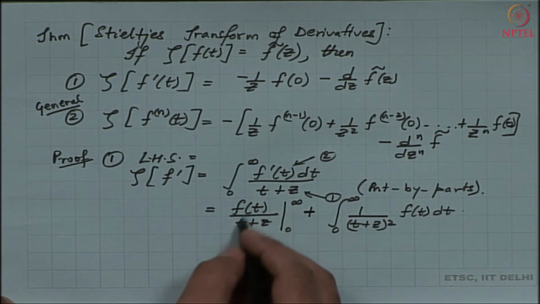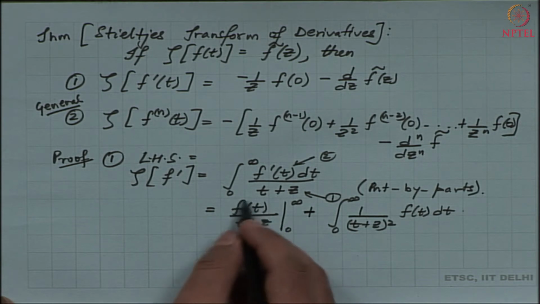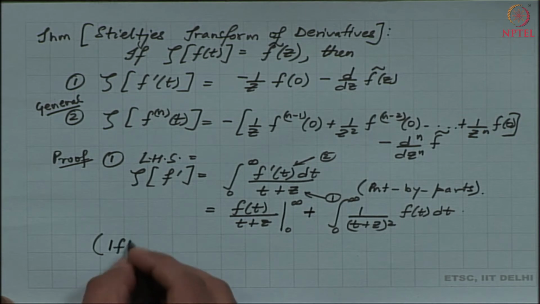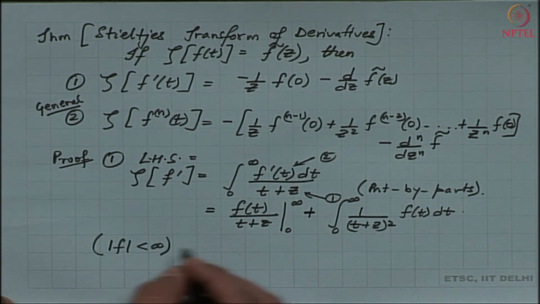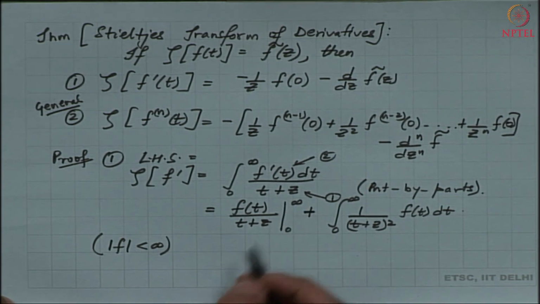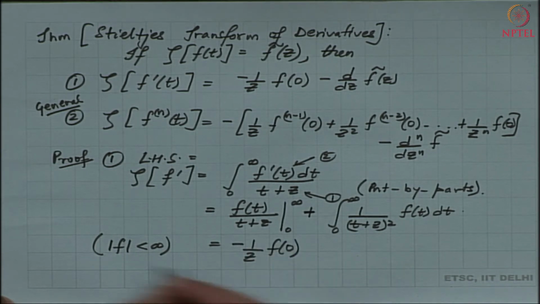Okay, so when I evaluate, the function f must be bounded, otherwise there is no point in evaluating the Stieltjes transform, and if that is the case, the value at infinity will vanish. So, this first term will give me negative 1 by z f of 0.